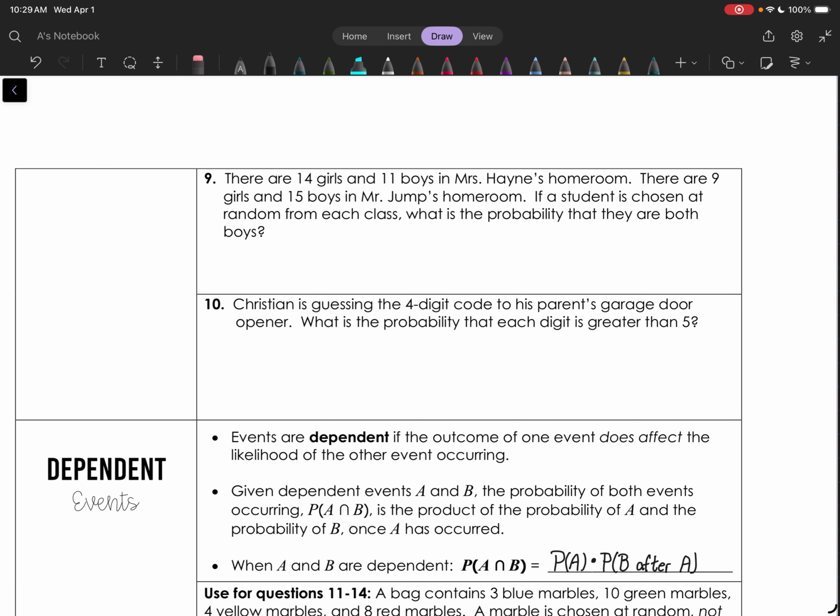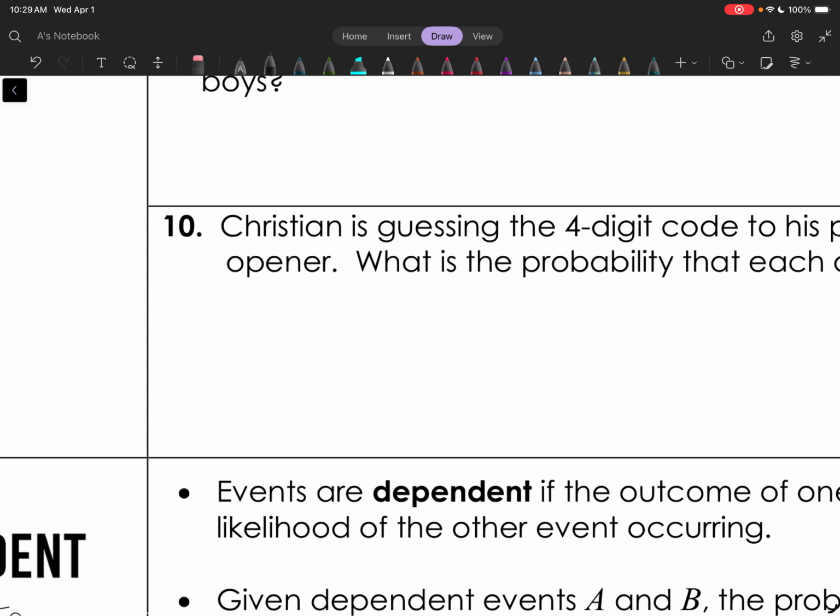I want to do number 10. Christian is guessing a 4-digit code to his parents' garage door opener. What is the probability that each digit is greater than 5? I recommend drawing this out.